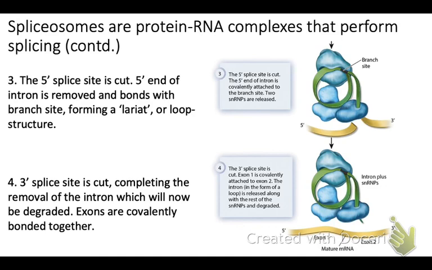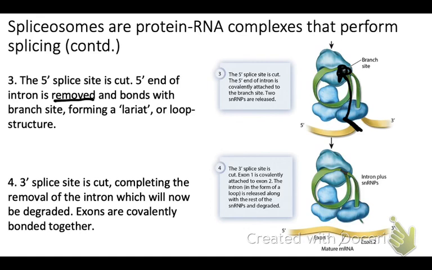Then we move towards starting to cut this guy out. The first place where the cut is made is on the 5' splice site. So the 5' end of the intron is cut and it's removed, and then this loops from a position where it was joined down here, loops around, and it joins with this location called the branch site that's part of the intron.